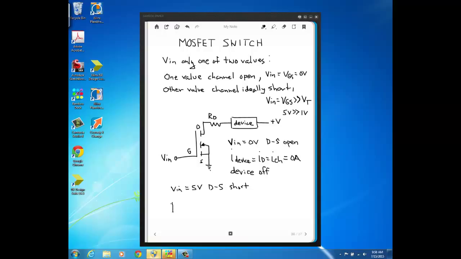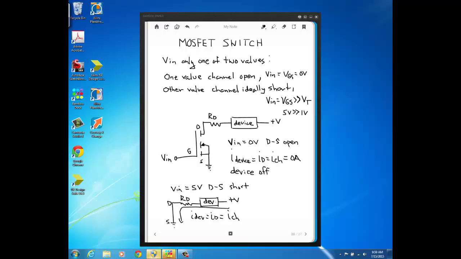You just have a short between drain and source, where this side is ground, and then you've got this resistor, RD, and this is the device, which I'll abbreviate DEV, and then here's plus V. So you see the current that flows, which again is your device current, which is the same as your drain current, which is the channel current.